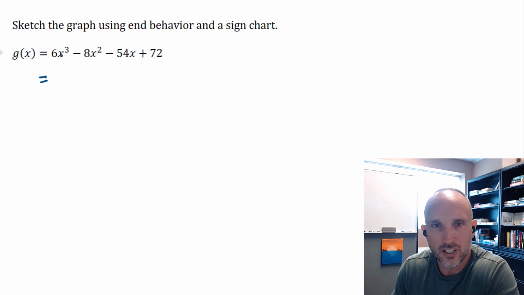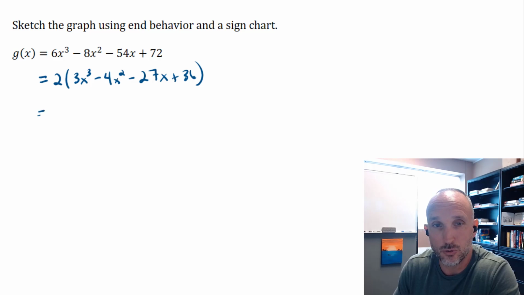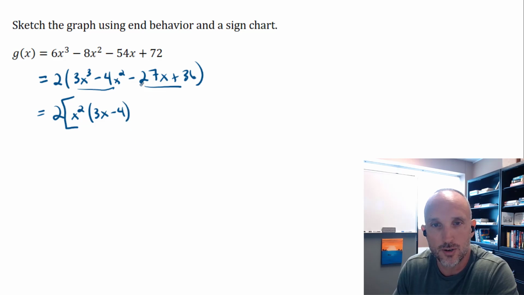So the first thing we're going to do is look for something common to everything, which I see a 2 goes in, leaving behind 3x cubed minus 4x squared minus 27x plus 36. And I got 4 terms, so I'll try grouping. My first group, I can pull an x squared out, leaving behind 3x minus 4.